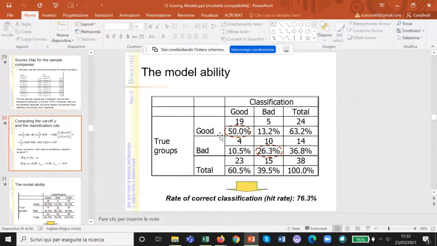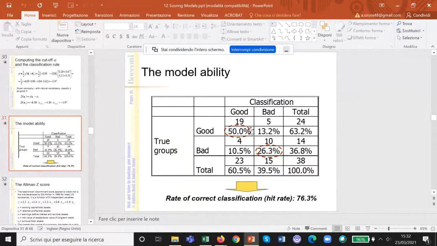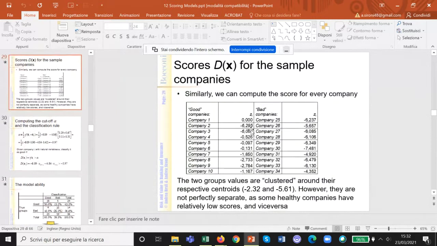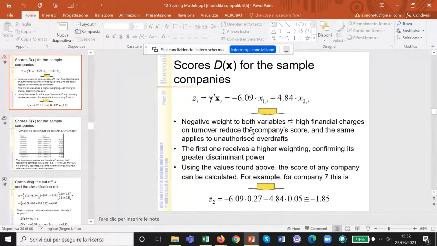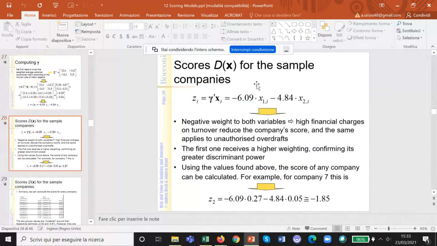Now here in this simple example, I applied the model and the rule to companies that were in the sample used to compute the scoring model, okay? Usually this is not really how it works in practice.